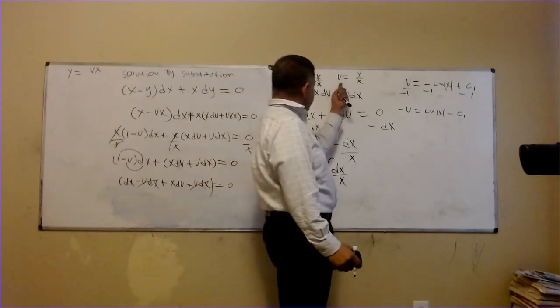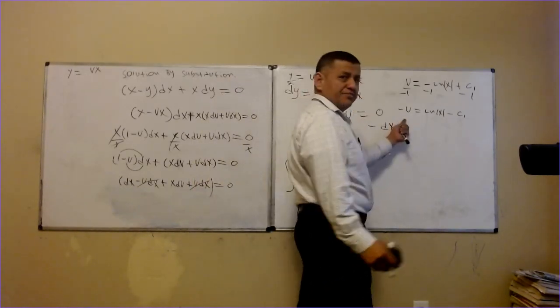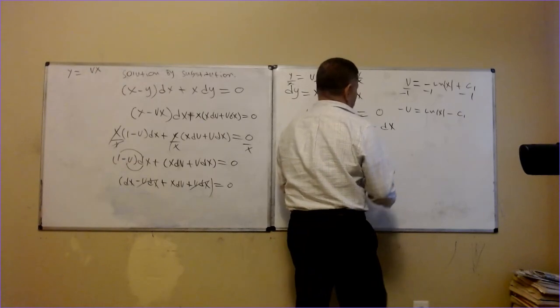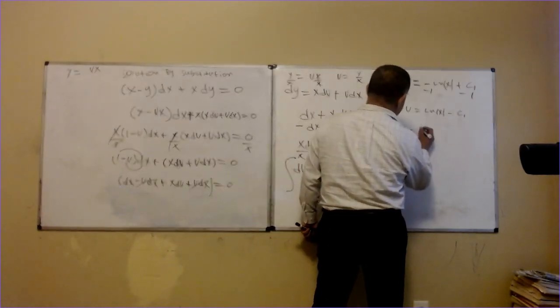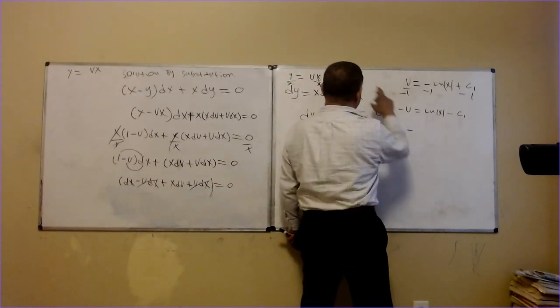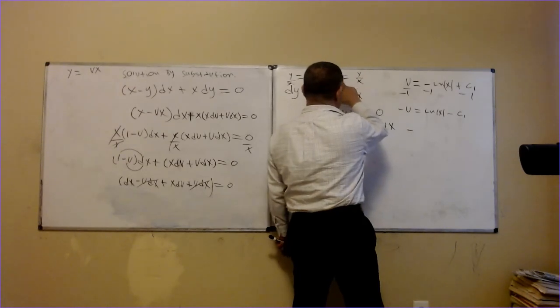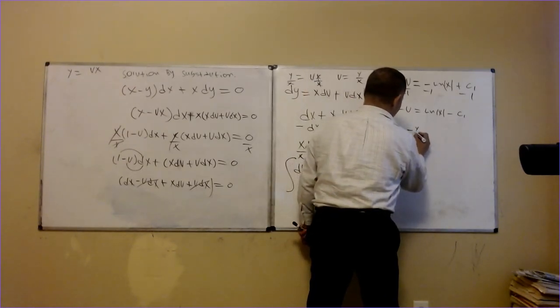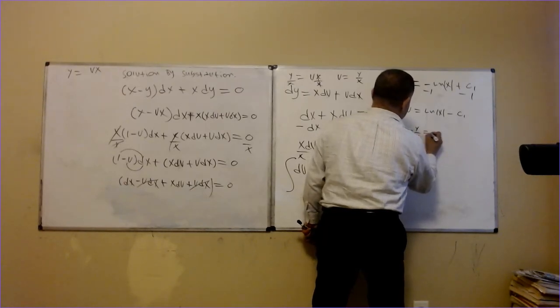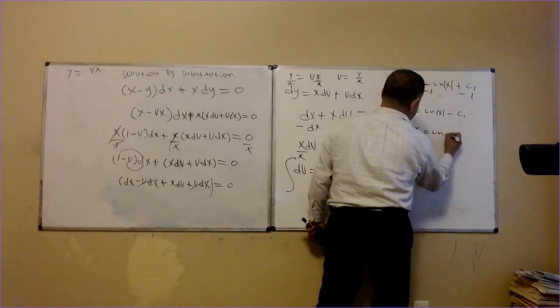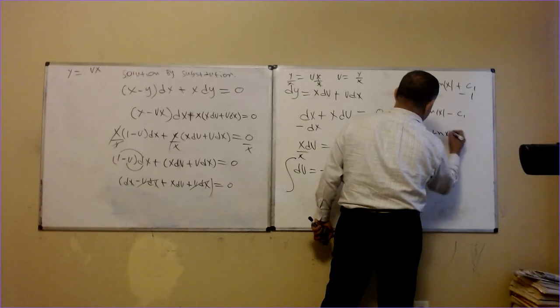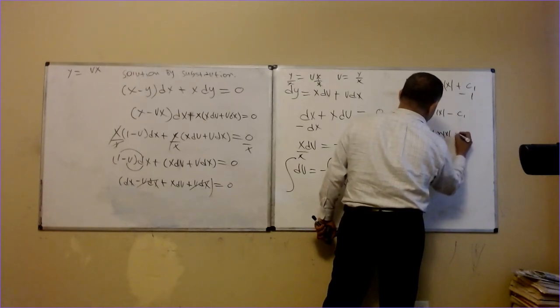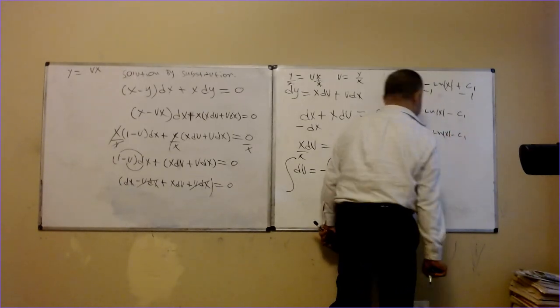Now, if v is equal to y over x, I can replace that. So I say y over x equal to ln x minus c1.